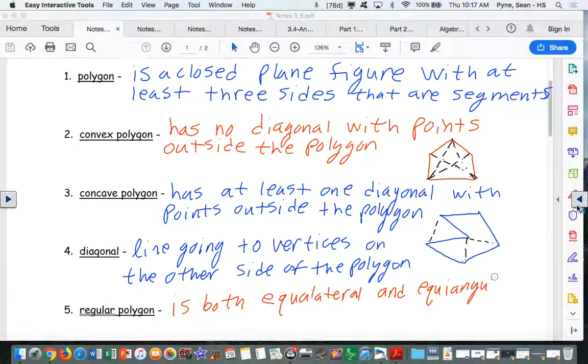What that means is that all the sides are the same and all the angles are the same. So a regular polygon is special because all the sides are the same and all the angles are exactly the same as well.